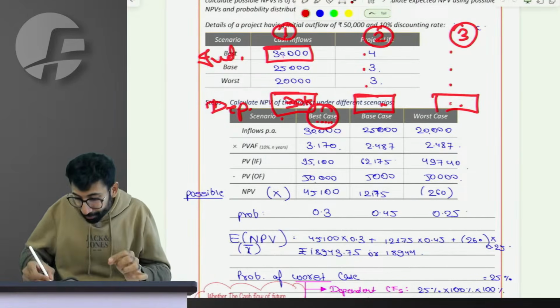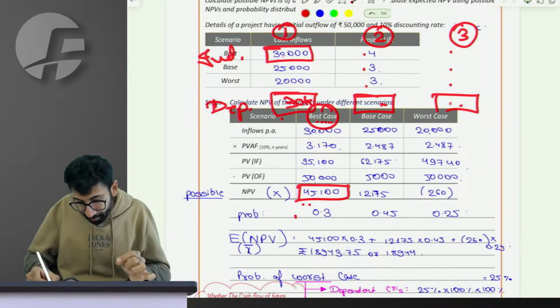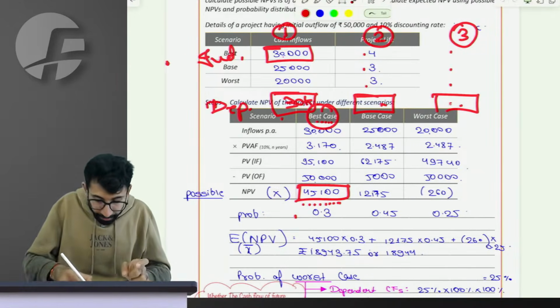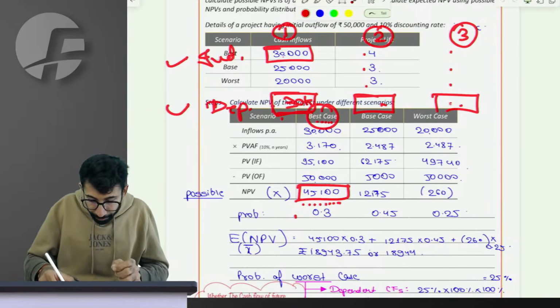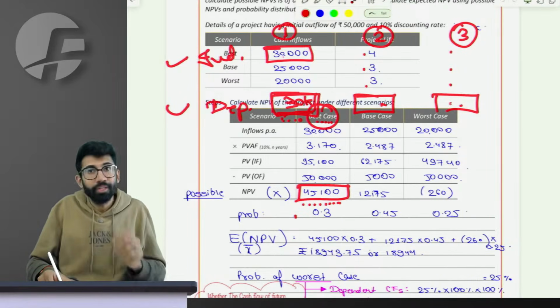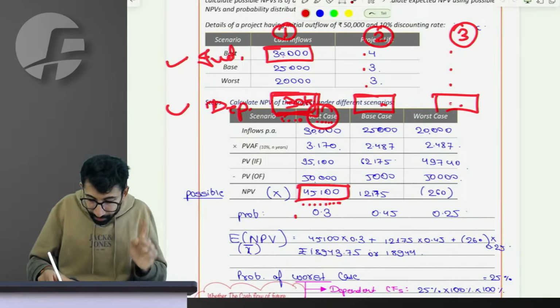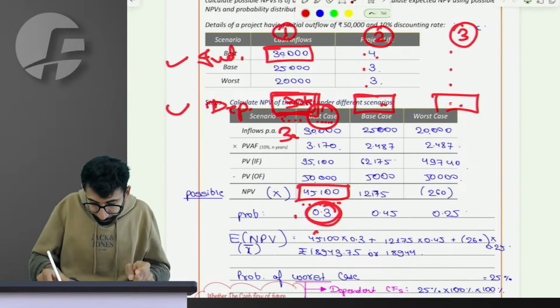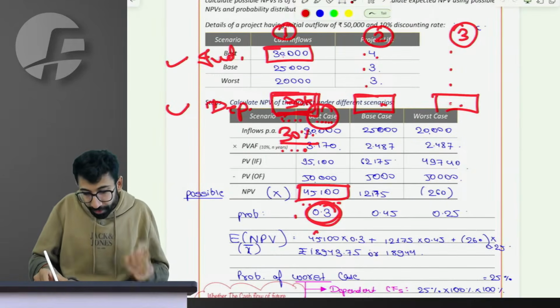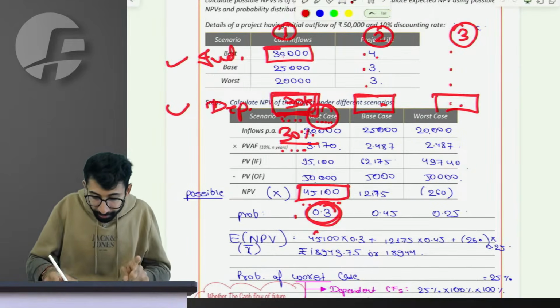So if the examiner asks you, what is the probability of achieving the best case? What is the probability of generating this NPV of 45,100? Sir, the answer in both the scenarios will be different. Why? If it is a dependent cash flow scenario, life is easy. There is a 30% chance that the cash flow in the first year will be 30,000.